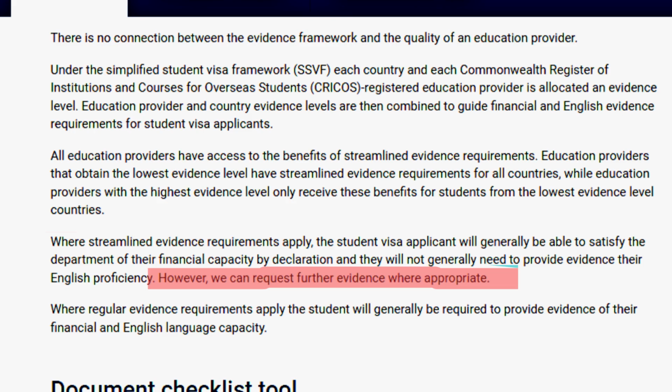I saw this clause that says that, however, the department reserves the right to request further evidence from an applicant where appropriate. And I think it's really important you pay attention to this clause and reflect on the implications of this clause on your visa application.